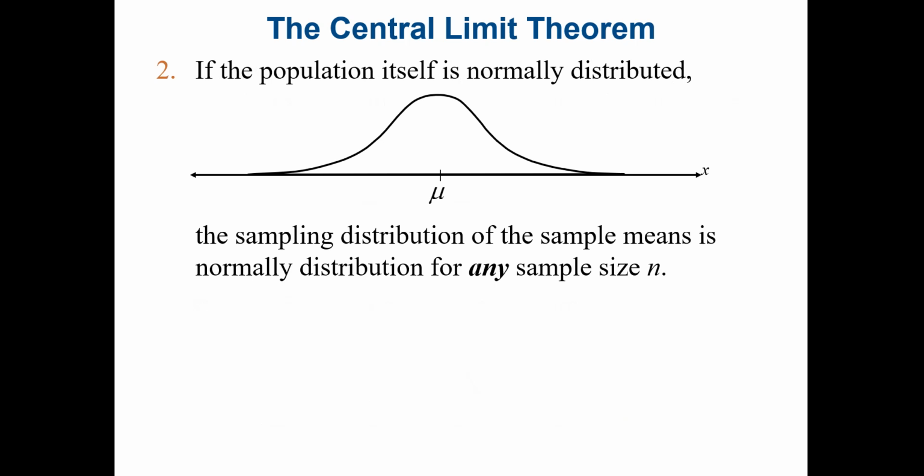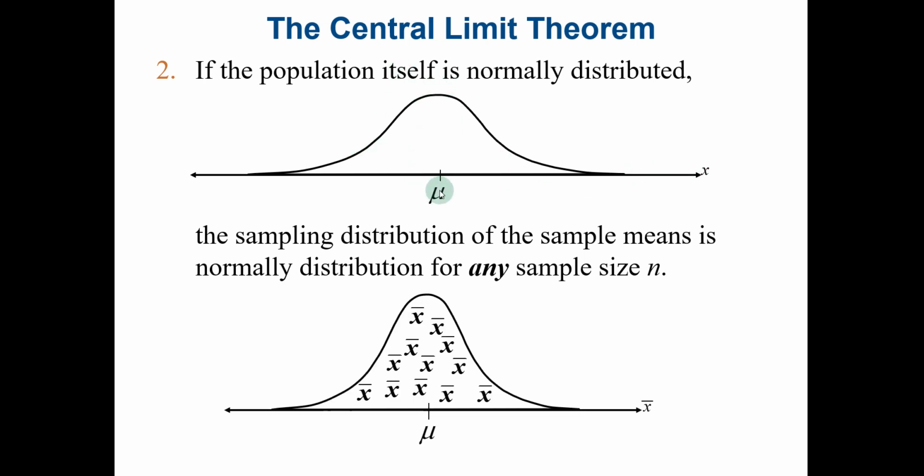There are some properties of this new distribution. So you are starting with an x distribution, well, a normal distribution, which has a mean there. If you create a distribution of sample means, it's going to look normal.